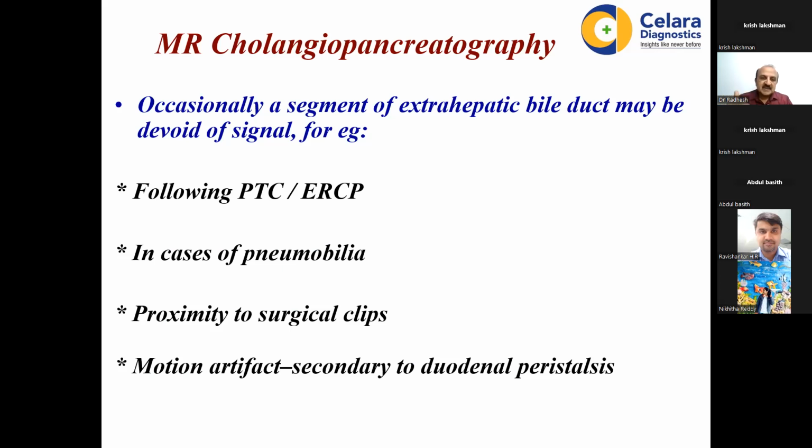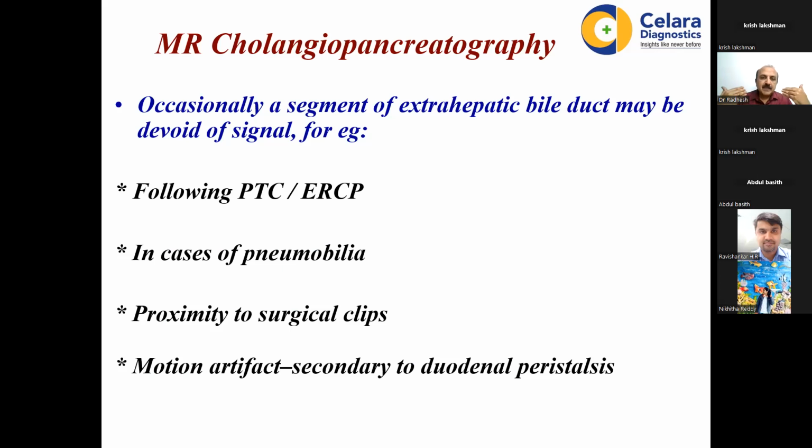So a calculus can look black, air can look black, or surgical clips, because again they don't contain hydrogen protons, they can look black. So we should be extremely careful in such cases. Suppose we put it down as a calculus and you open up and don't see any calculus. So what do we do?